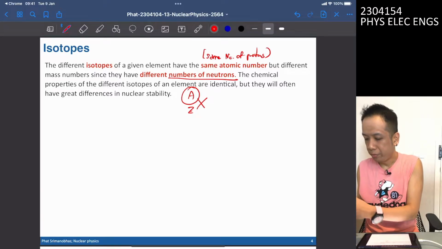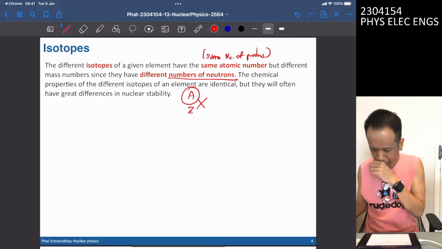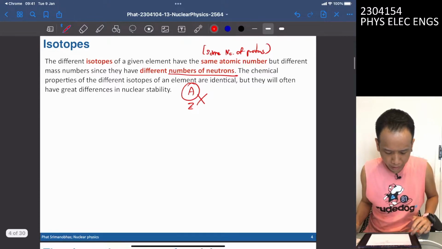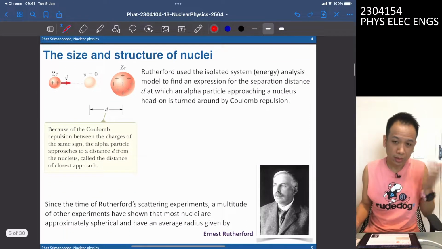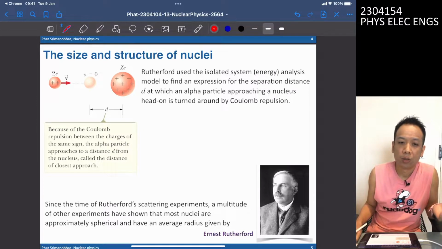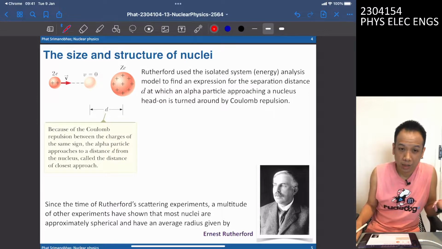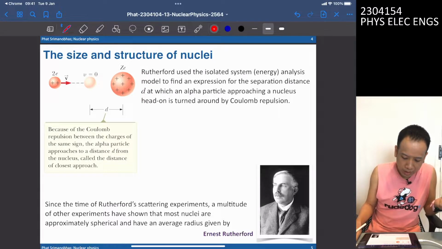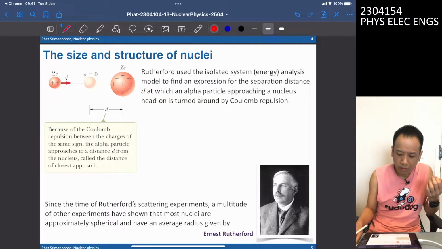But before we go to the nuclear structure and nuclear activities, the first thing when we would like to discuss something is the size, right? So how can we measure the size of the nucleus? That starts from when Rutherford created isolated systems to analyze this.